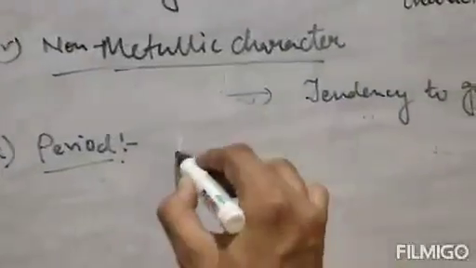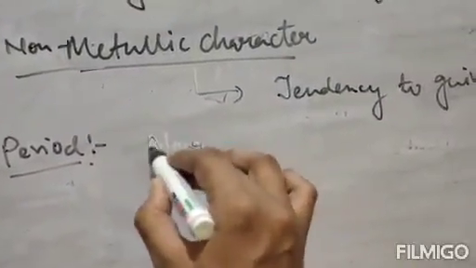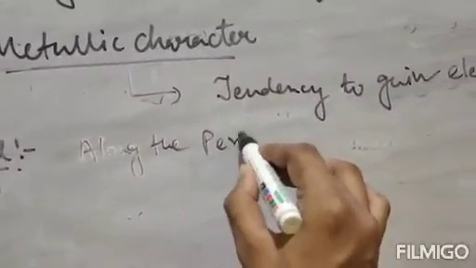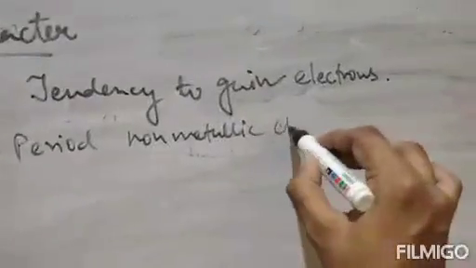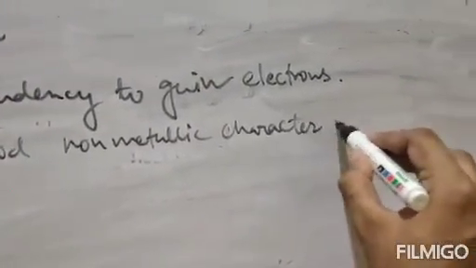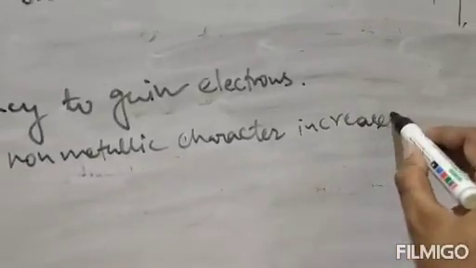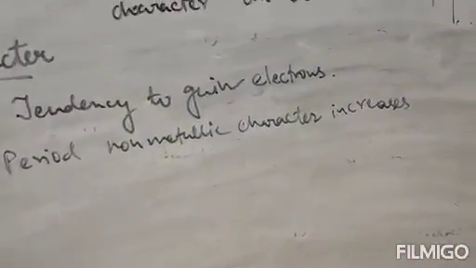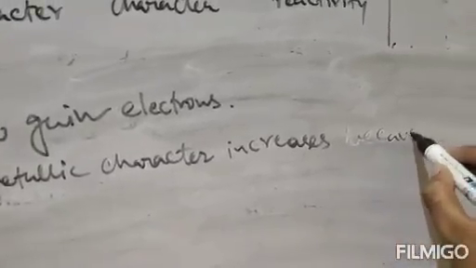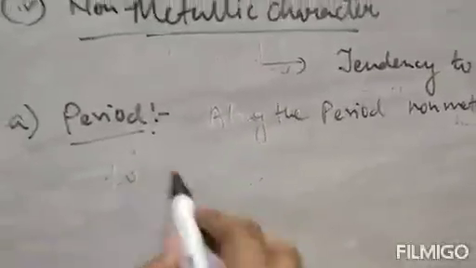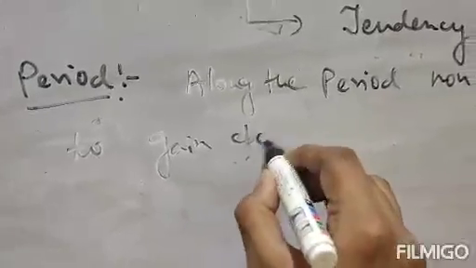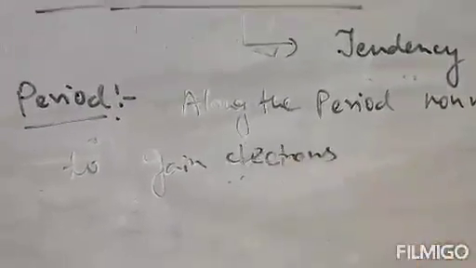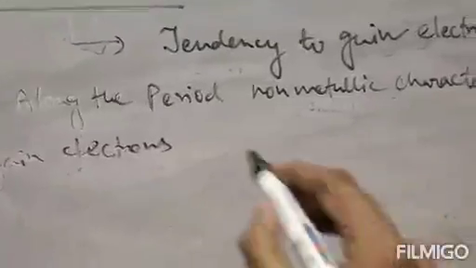So along the period, non-metallic character increases because the tendency to gain electrons increases.